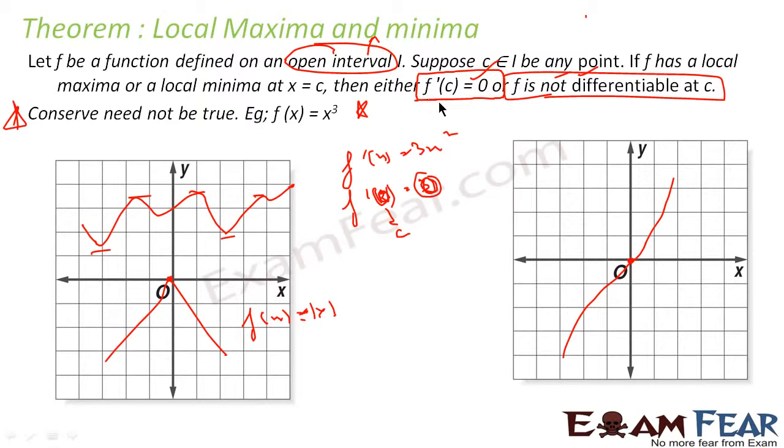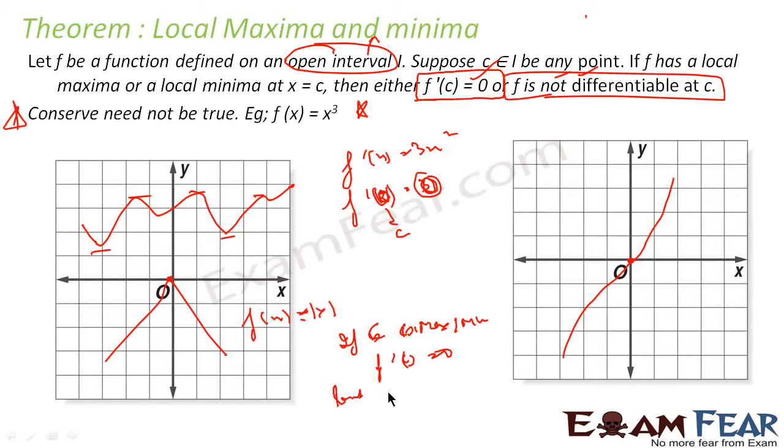So what I'm saying is, if c is local maxima or minima, f dash c has to be 0. But if f dash c is 0, it does not mean that c is local maxima or minima. It is not guaranteed. Correct? So what we do is find all the values where f dash c is equal to 0, then find the value of c and check whether the value is maximum or minimum. Because there's a risk here. If c is max or min, then f dash c has to be 0.